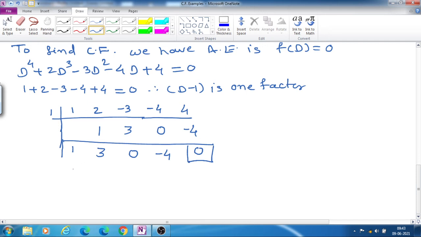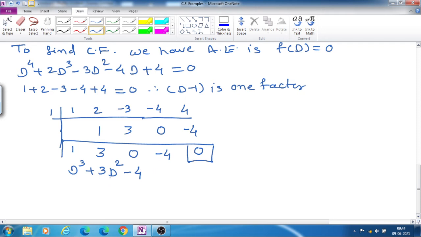So now write the next factor from these coefficients. The last is the constant term, then the D term, then D square and D cube. Therefore the factor is D³ + 3D², no term of D, and only the constant term −4.